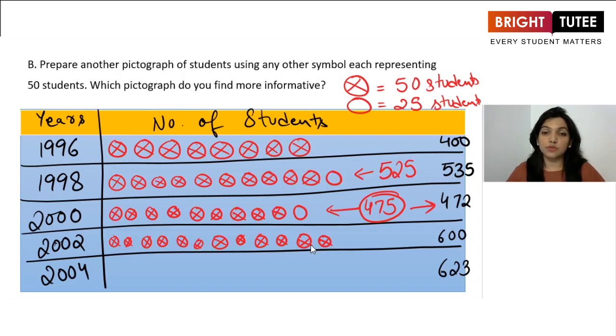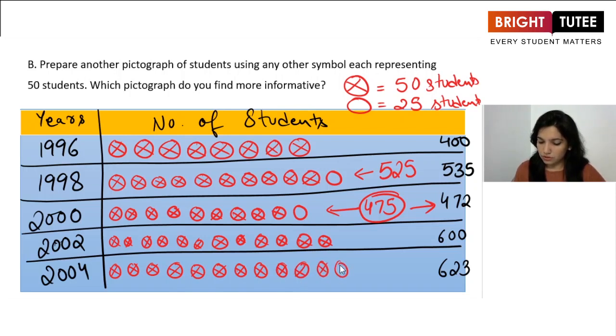Now last one is 2004, 623 we need. So first of all we need 12 circles. 1, 2, 3, 4, 5, 6, 7, 8, 9, 10, 11, 12, and because it says 23 more, we have got a circle to represent 25. So in total what we have drawn is 625. This is very much closer to 623.